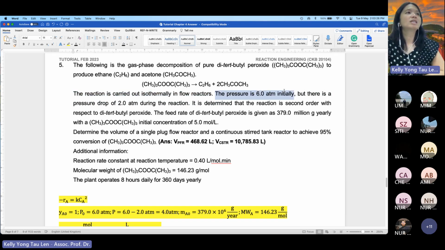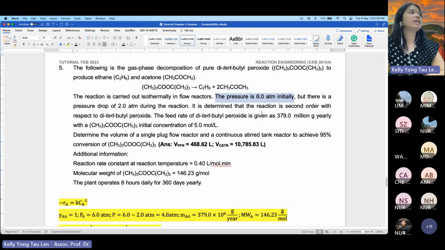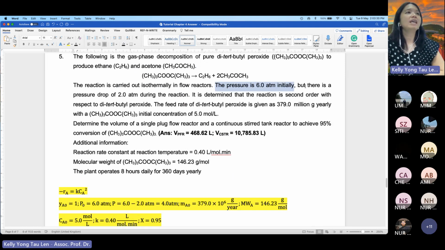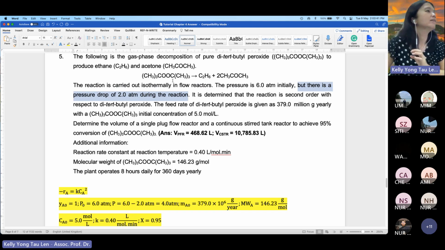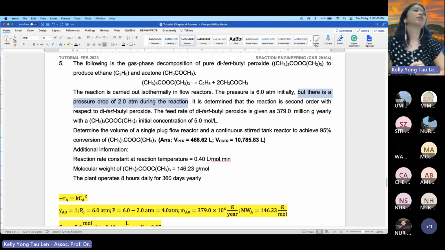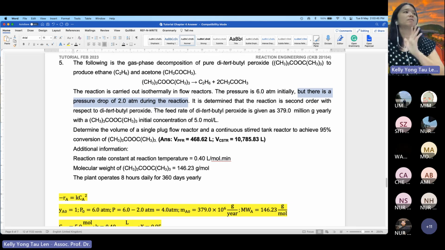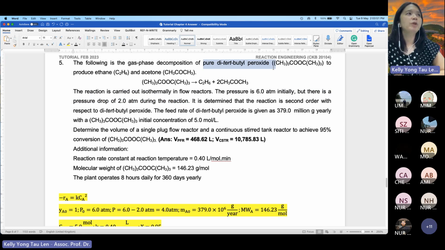The pressure is 6 atm initially, but there is a pressure drop of 2 atm during the reaction. So what does that mean? Okay, sorry. Before I forget, there is one piece of information that I skipped. The first information says decomposition of pure diethyl butyl peroxide.